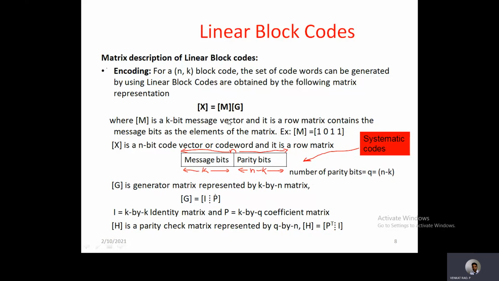So from this analysis, you can conclude that to find the code word from the encoder using a linear block code, the final code word is simply obtained by a matrix multiplication, that is M into G. That's it. So let us see an example.